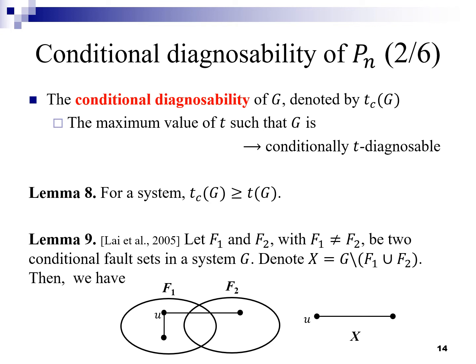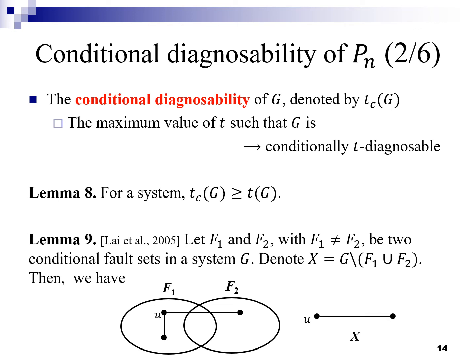The first is if a node u is located in the symmetric difference of F1, F2, then the node u has two neighbors.